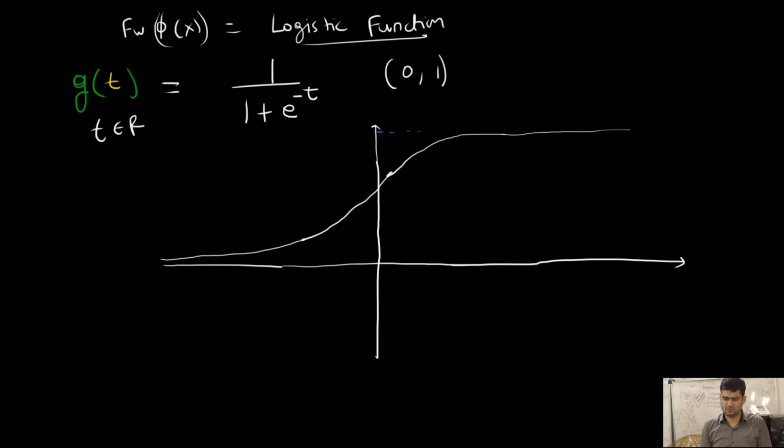Asymptotically, it converges to 1 as t goes to infinity.